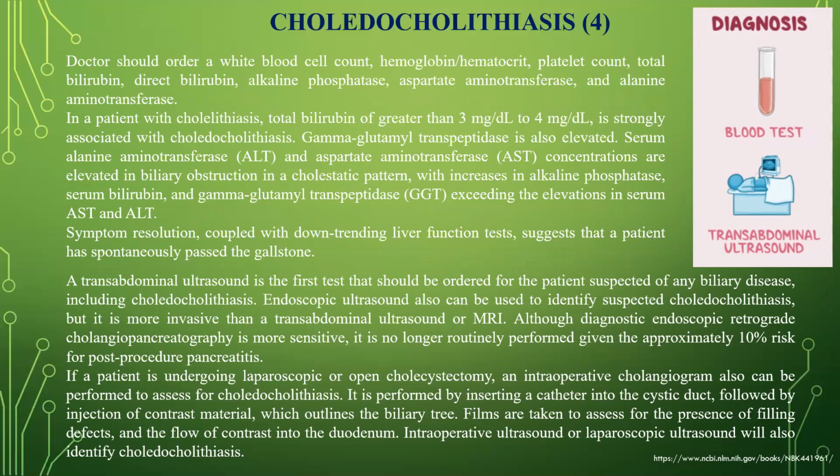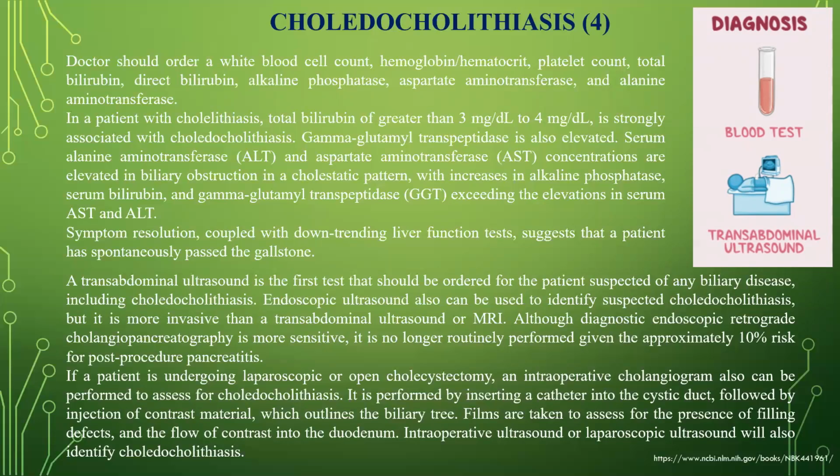The doctor should order a white blood cell count, hemoglobin, hematocrit levels, platelet count, total bilirubin, direct bilirubin, alkaline phosphatase, AST, and ALT. In this case, AST and ALT are the markers of hepatic cell damage due to, as one cause, bile retention, or can help make a differential diagnosis of toxic, viral, or other types of hepatitis, or cirrhosis as the possible cause of the symptoms.